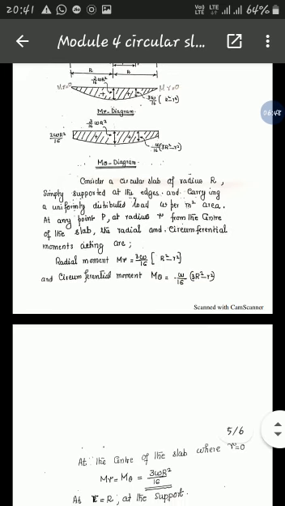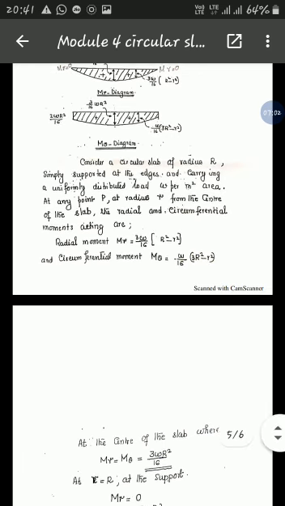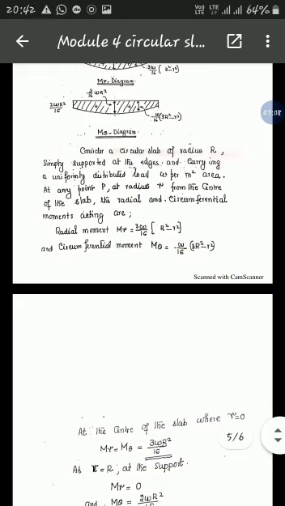The circumferential moment is represented by M theta, so M theta will be equal to W by 16 into 3 capital R square minus small r square. This is at a distance of small r from the center of the slab.